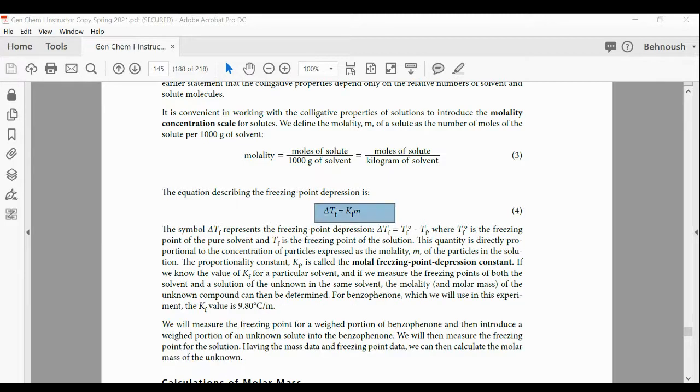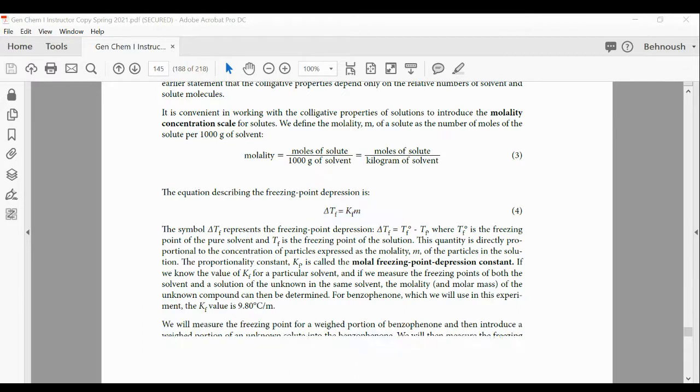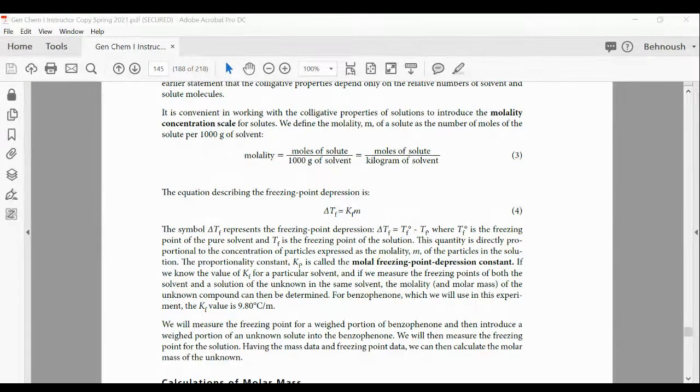If you have the molality already from equation 4, then you can find the number of moles. If you have the number of moles and the mass of the solute, you can find the molar mass of the solute. So the last part is just like experiment 10. You have the mass, you have the number of moles, you can find the molar mass.